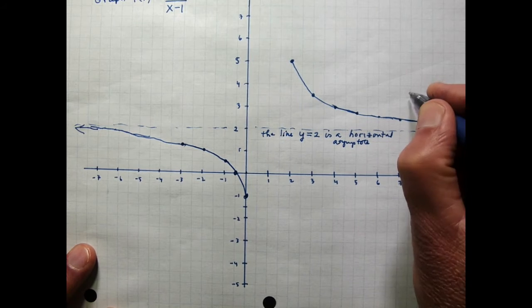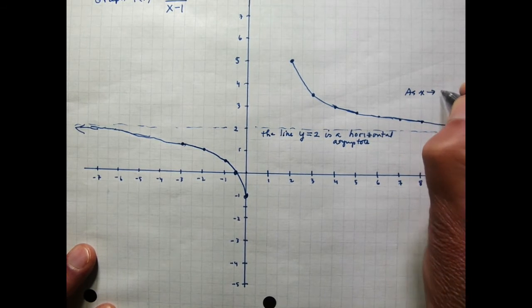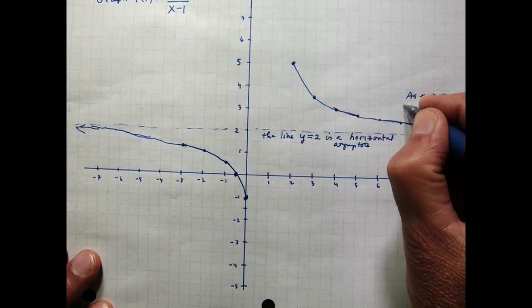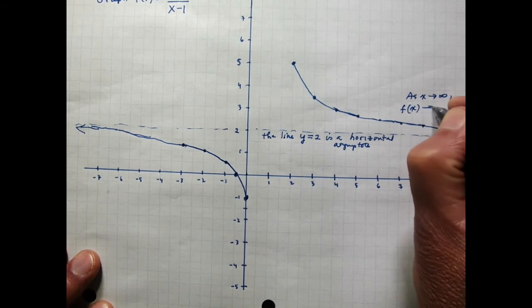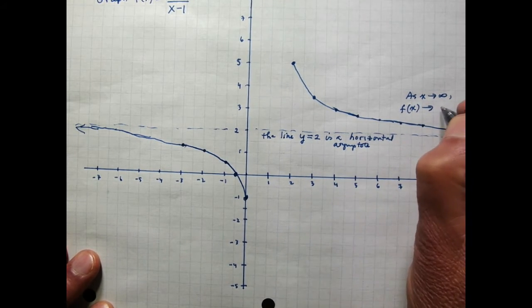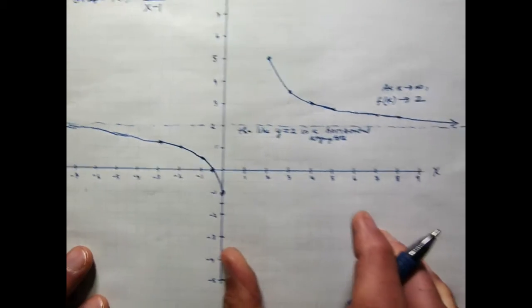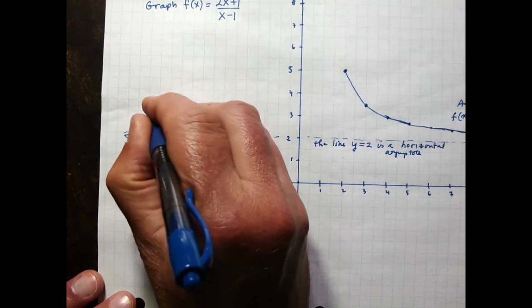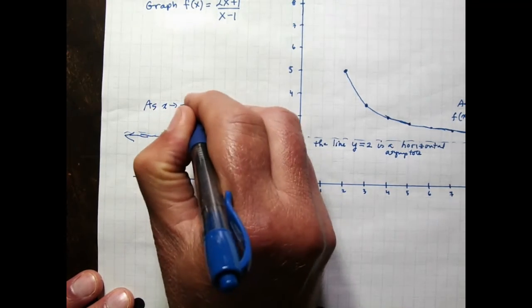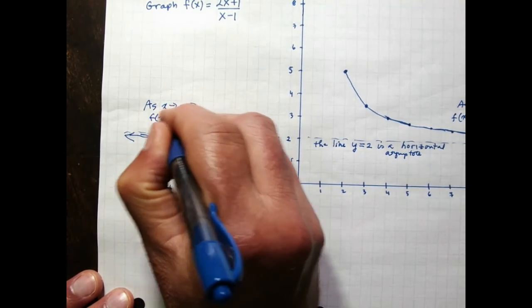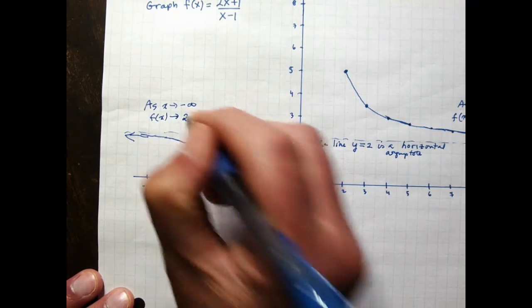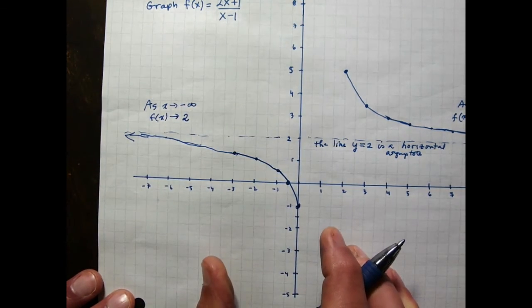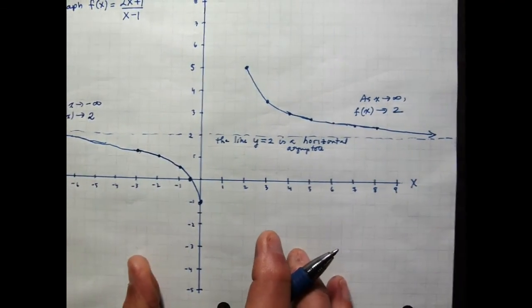So we can see that as x approaches infinity, f of x, the y values, approach 2. And we can also see at the other end, as x approaches minus infinity, f of x approaches 2. Again, those are y values at 2. That's our end behavior at each end.